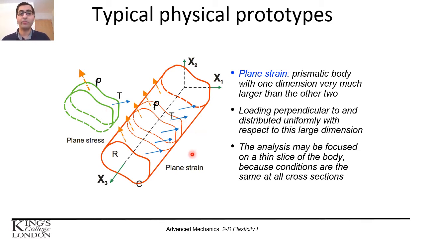In the case of plane strain, again we have a thin plate cut from a longer body, again with body forces and boundary forces uniformly distributed along the main axis of the body, but this time we assume there is no strain perpendicular to the plane of the cut element.